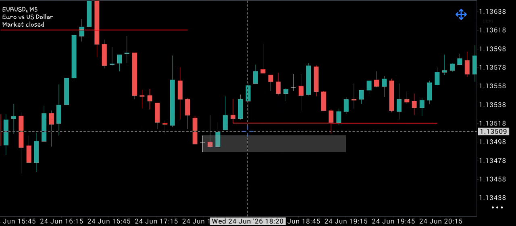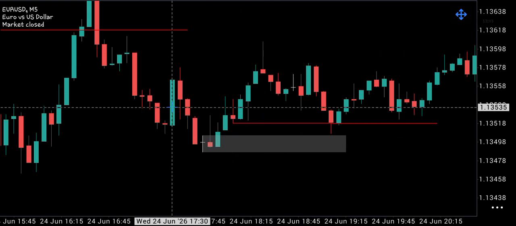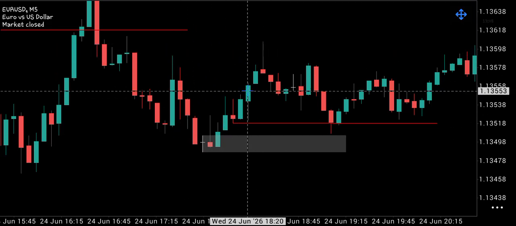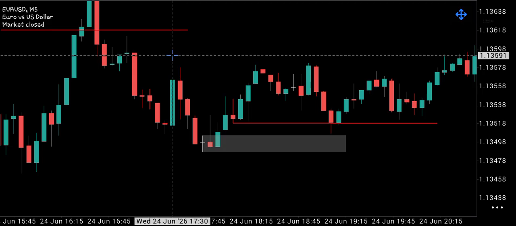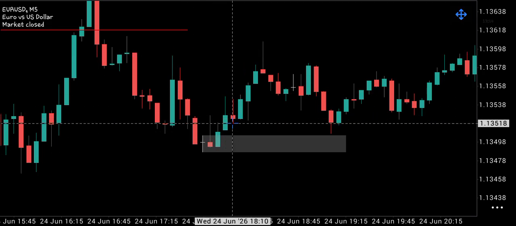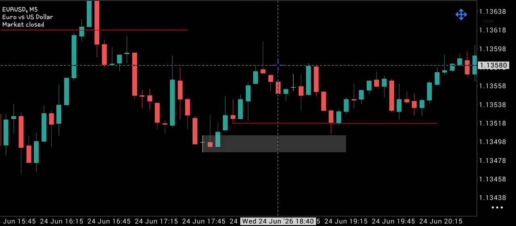And we can also use liquidity, because after this break here, price moved higher. Before price broke this level, what did price do? Price went higher, closed, sold a little bit, then closed here, then pushed up.